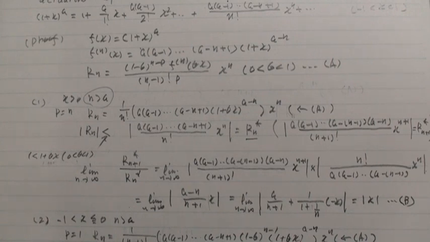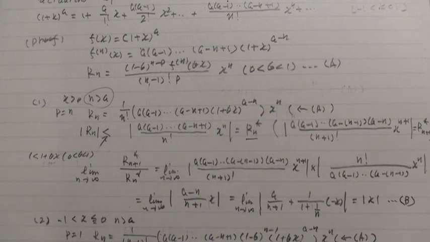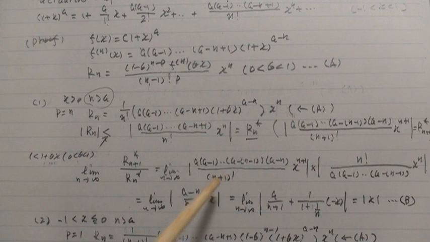And once more, this value R_n star and R_{n+1} star equal this, and R_{n+1} star over R_n star equals 1 over R_n star times this, and this value is (a - n)/(n + 1).